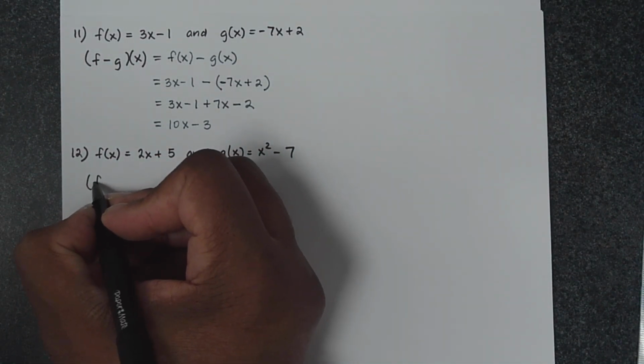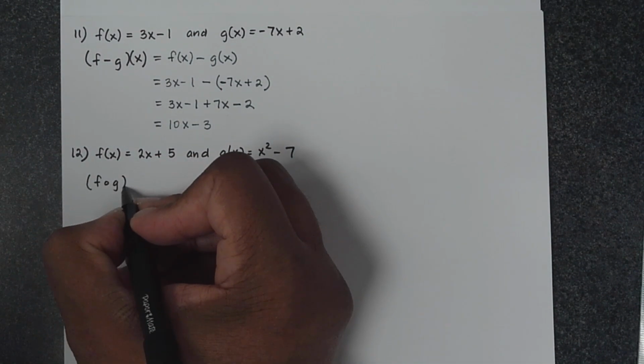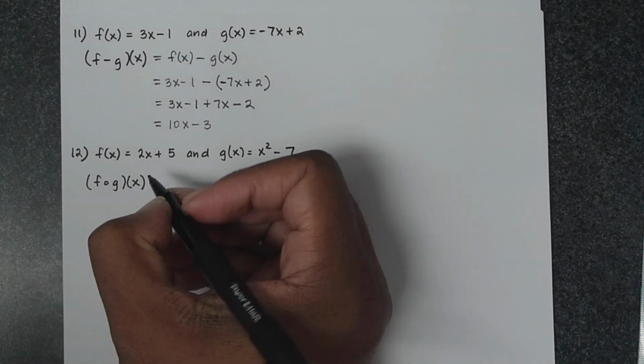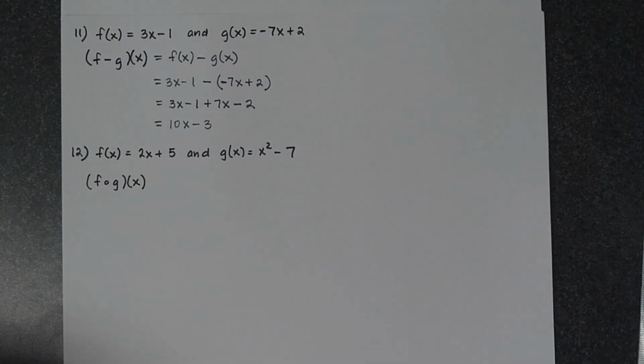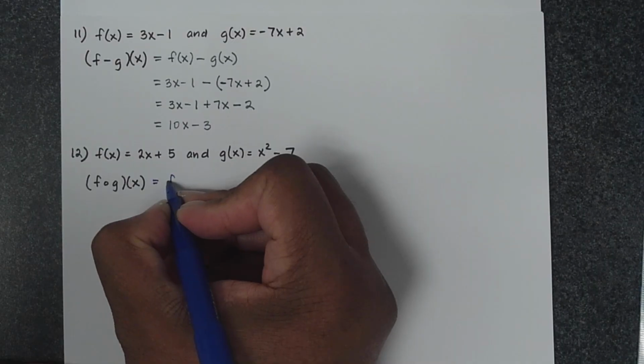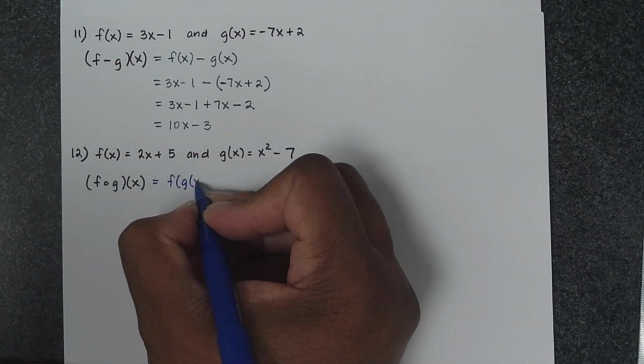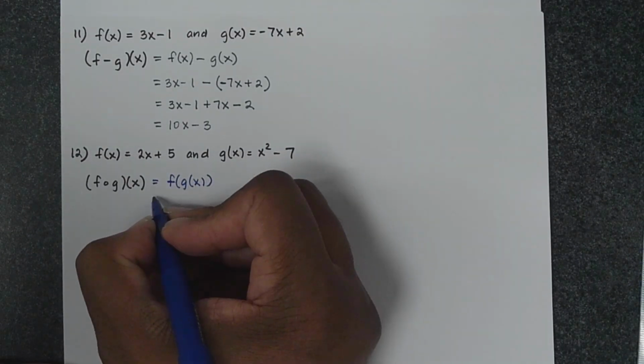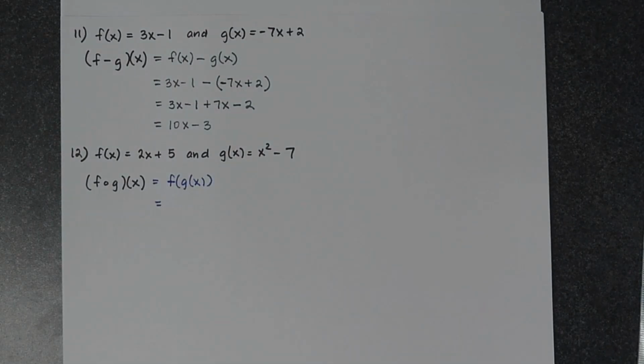And I want the composition of f with g of x, or sometimes they call it f circle g of x. Which actually means f of g of x. So now g of x is the inside function, whereas f of x is the outside function.